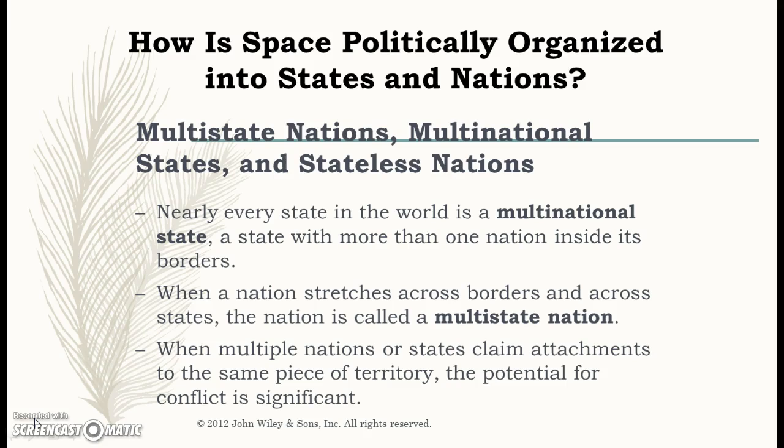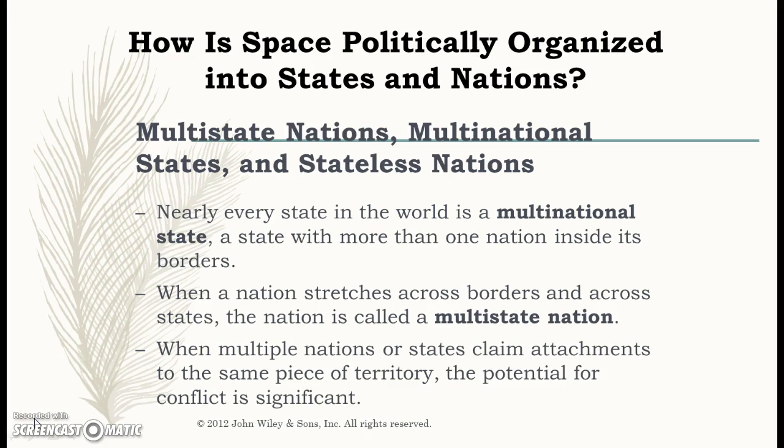So we're going to talk about multi-state nations, multinational states, and then stateless nations. Okay, so three different geographic permutations of this combination of state and nation. Nearly every country in the world is a multinational state, meaning it's got more than one nation or cultural group inside its borders. There's really only a handful of examples where we've got countries that are all or almost entirely a single ethnic group.